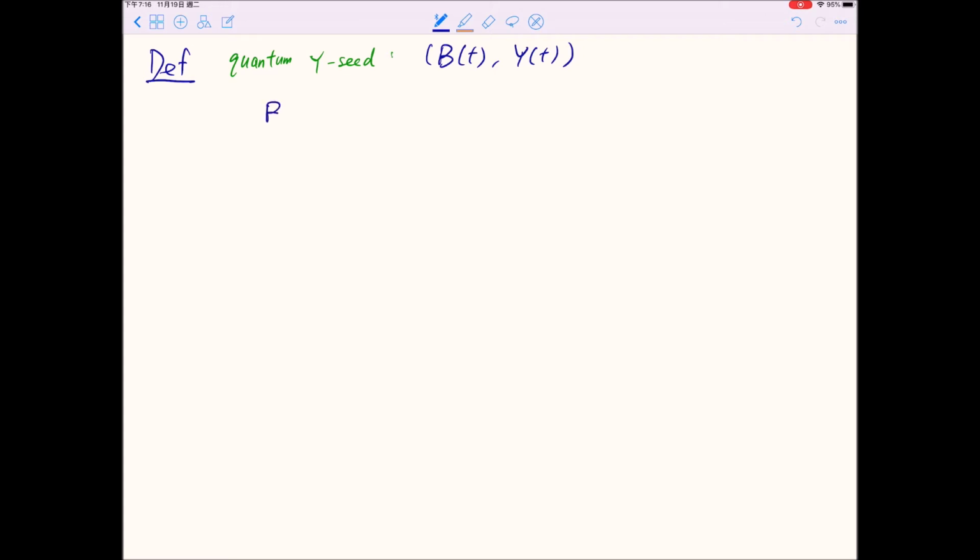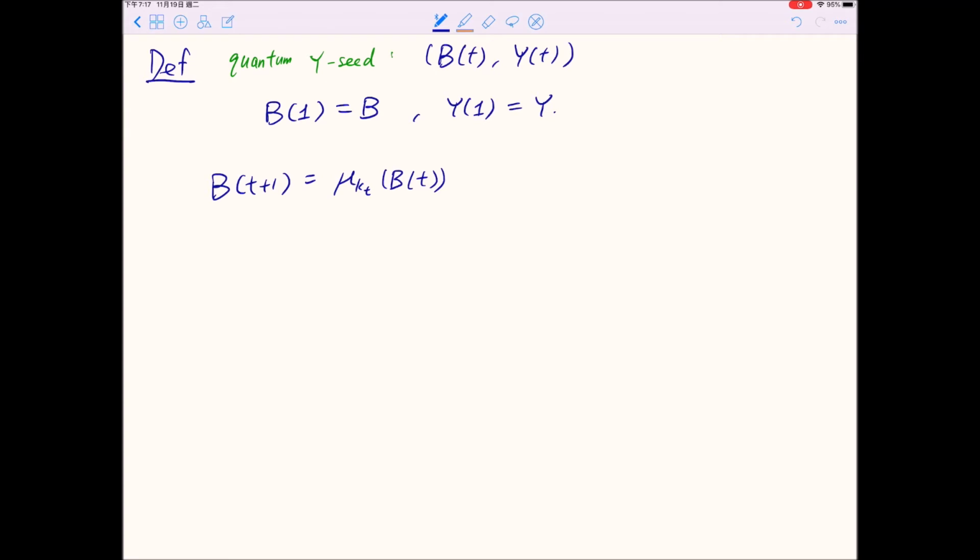Inductively, the first one is the initial matrix and the initial y seed. And then the (t+1)-th one will be the mutation of the t-th version.